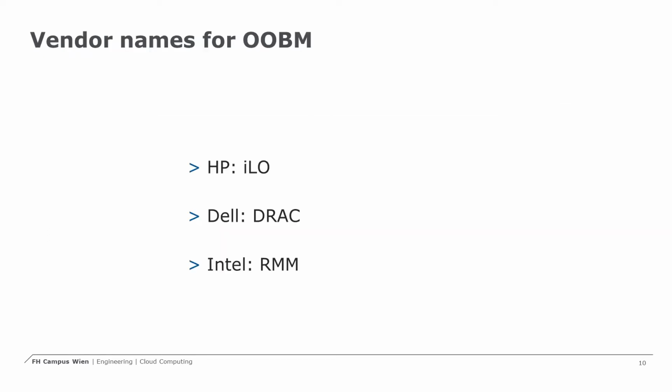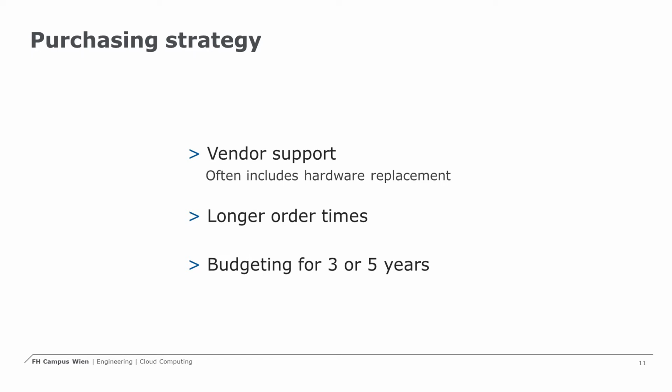Please note, this is a fairly generic description of servers. Different vendors may choose to leave out certain features of their more budget line of servers or call different components differently. HP, for example, calls their out-of-band management interface Integrated Lights Out or iLO, Dell DRAC, as in Dell Remote Access Controller, etc. When it comes to purchasing servers, larger companies tend to go with the same components for a longer period of time, and they also buy support from the vendor.